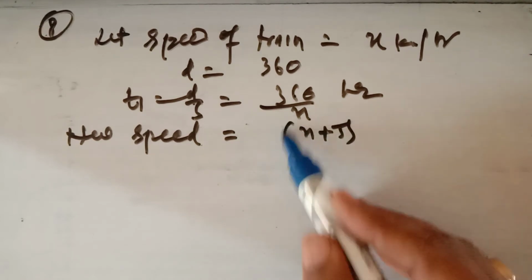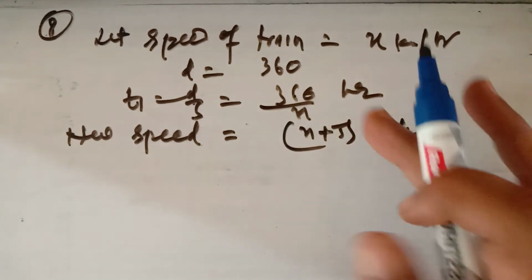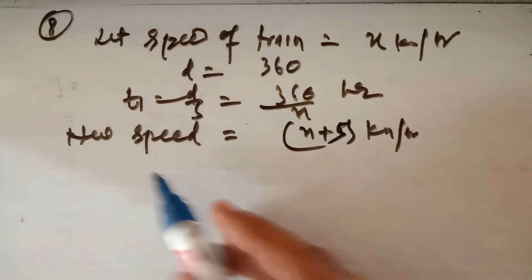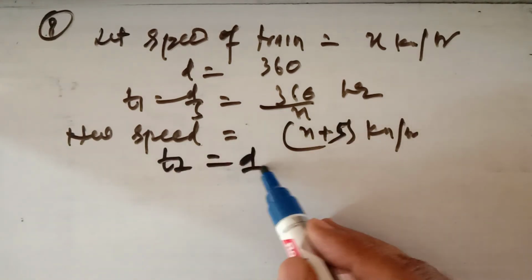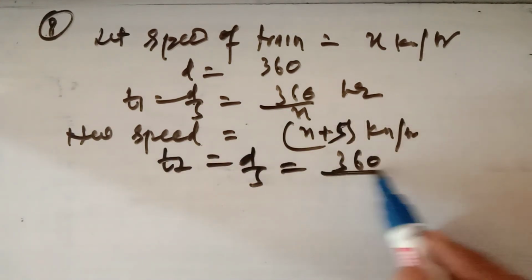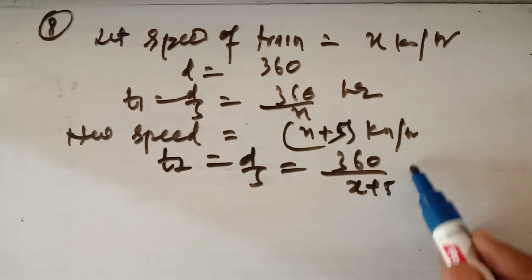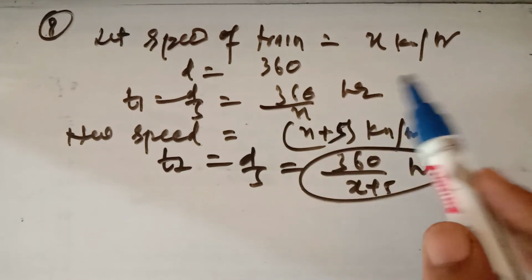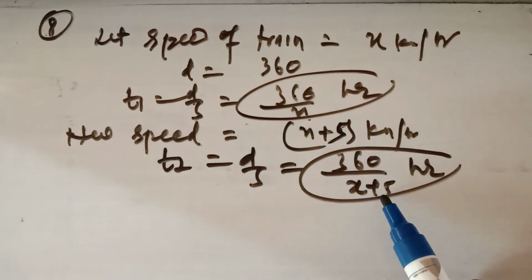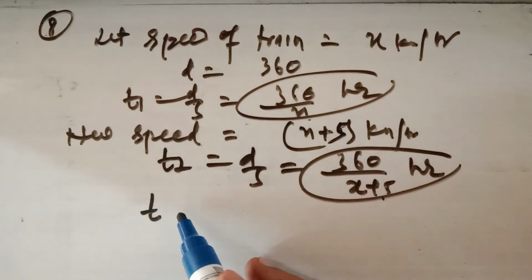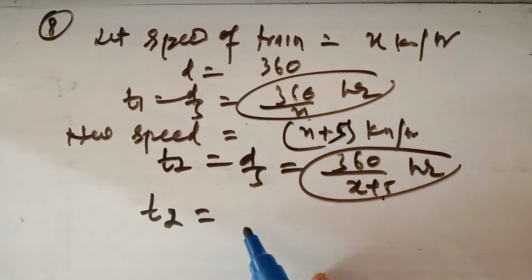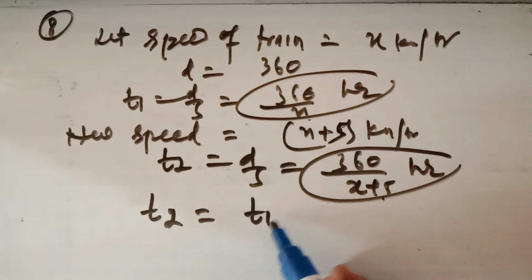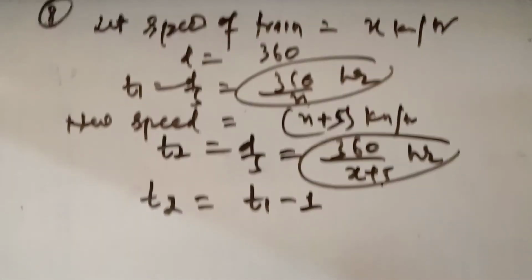So x plus 5 km per hour will be the new speed. So the time will be distance upon speed. Distance will remain the same, and the speed is x plus 5. So this time taken will be less than the original because the speed has been increased. It is given that the new time is 1 hour less than the original.